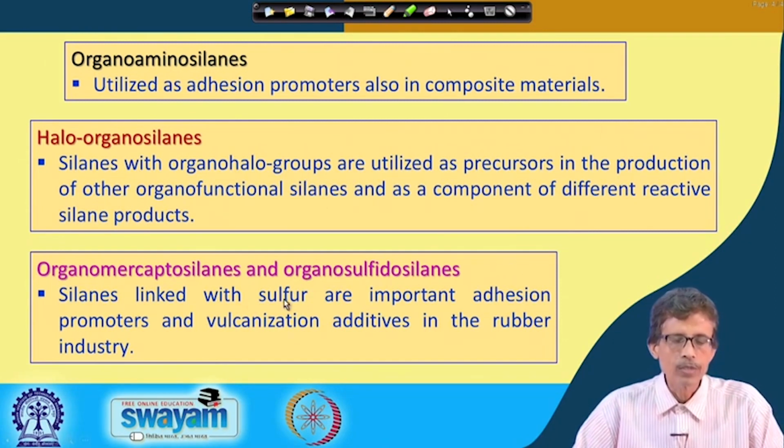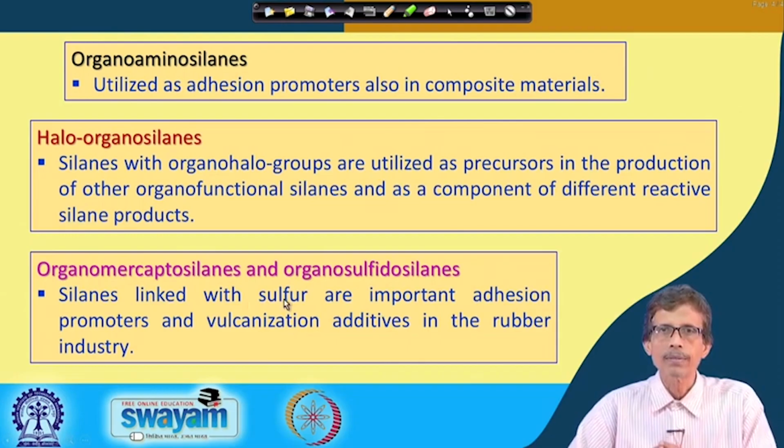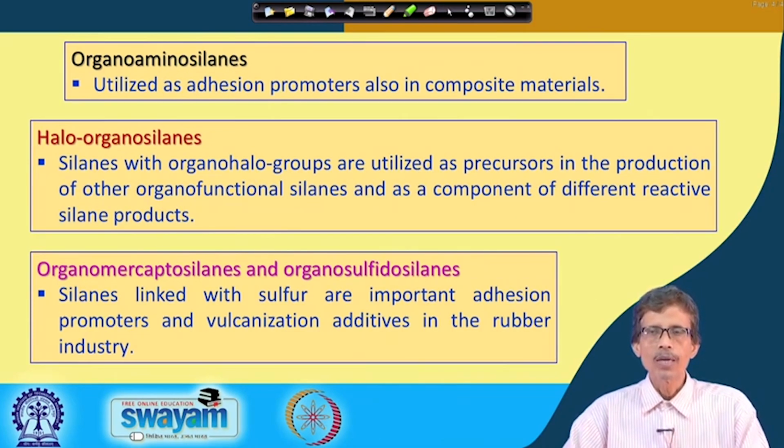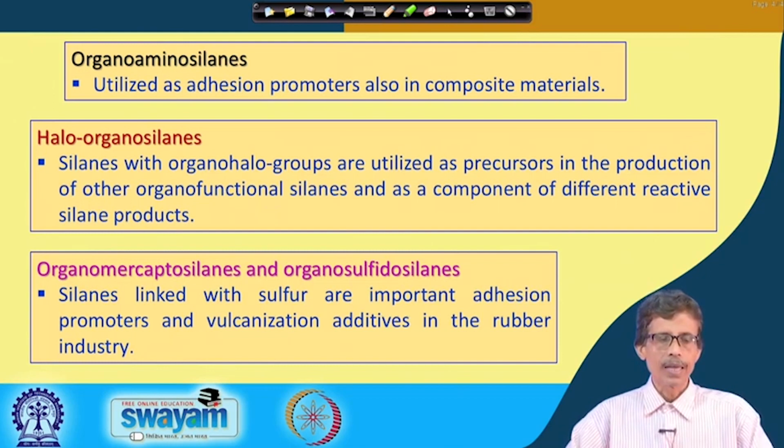So, when it is linked with sulfur, because we know that the typical rubber material or polymer material can be utilized for vulcanization with the introduction of sulfur, because sulfur as a good sulfur source can be utilized for a cross linking material. But now if we are able to introduce that particular sulfur to the silicon material or the silicon backbone, that can also be very useful for different types of cross linking material.